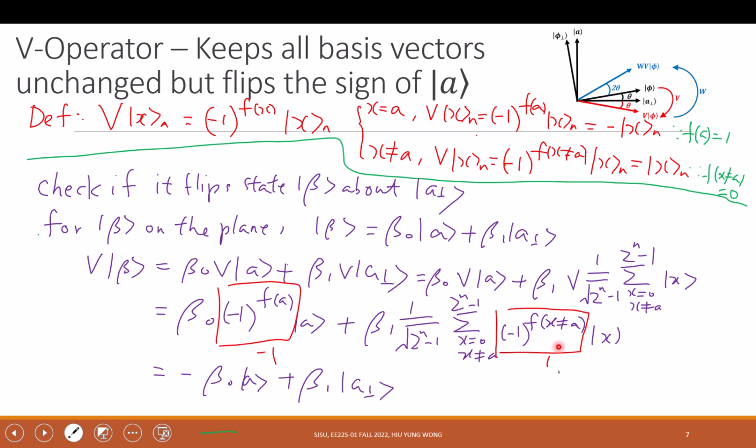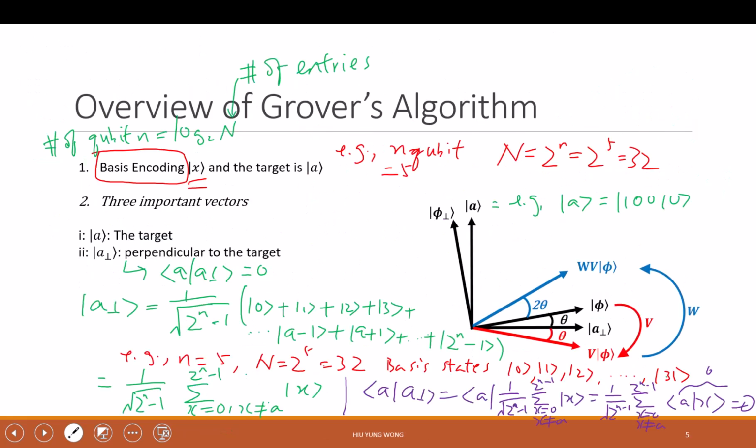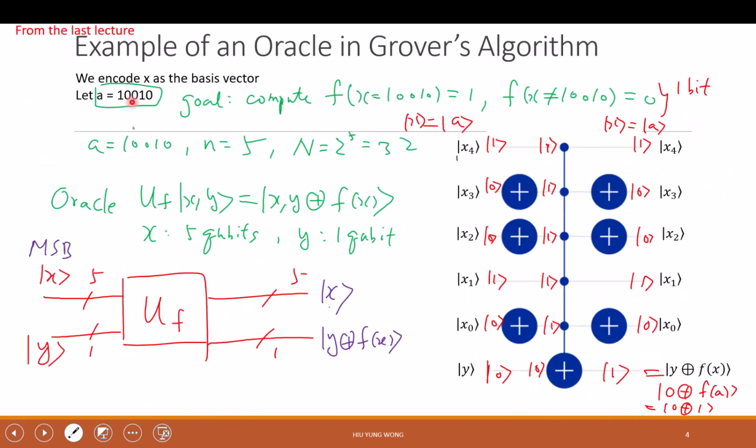Any questions? I know my writing is really ugly. Any question? Just ask. It's confusing. Yeah. You mean this one? Because the left term is only A. Left term is just A, the basis vector that we are trying to search for. So let's say in this case, A is 1, 0, 0, 1, 0.